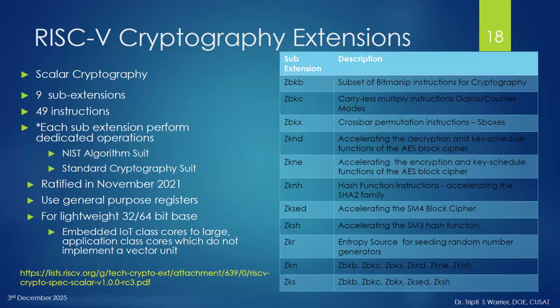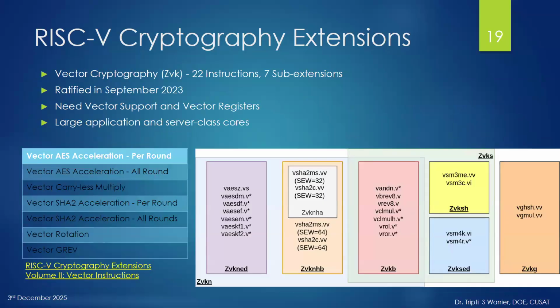So this is scalar, for cores which are simpler in nature and the register files are simpler in nature. Now, if you look at the vector extension, this is a heavy extension in the sense that it consists of 7 subsets with only 22 instructions. But to include this logic in any RISC-V core, the core should have vector support because it assumes the operands are in vector registers. So generally, it is used for large application and server class cores.